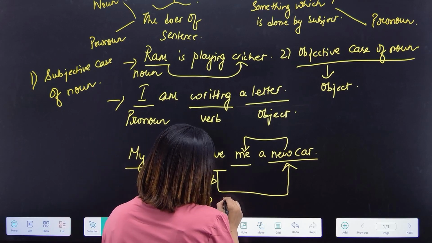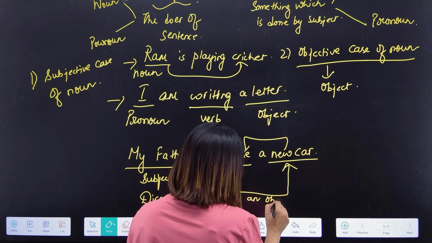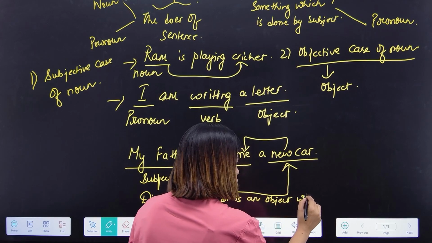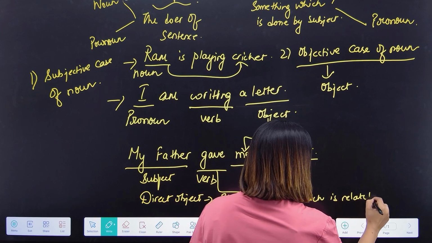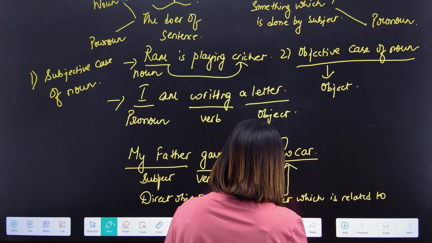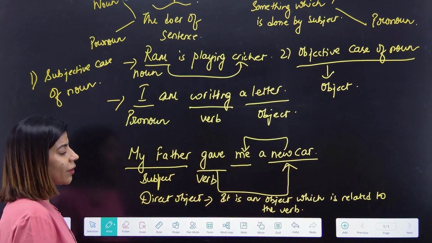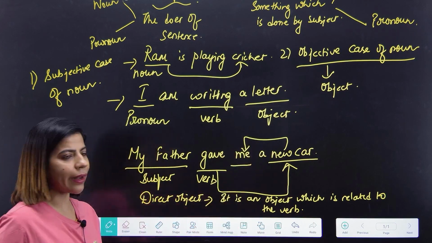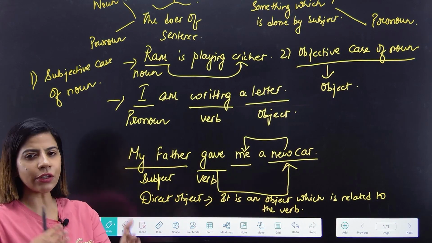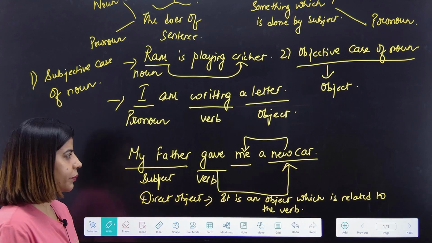Direct object is an object which is related to the verb. Clear? And what is indirect object? Indirect object is directly related to the direct object. Because me is related to the new car. Car किसको मिली? Car को मिली.